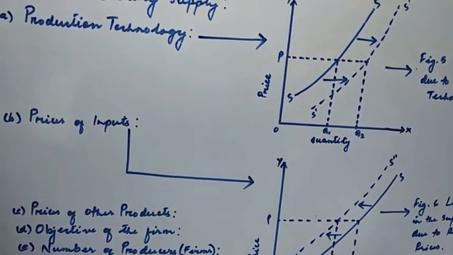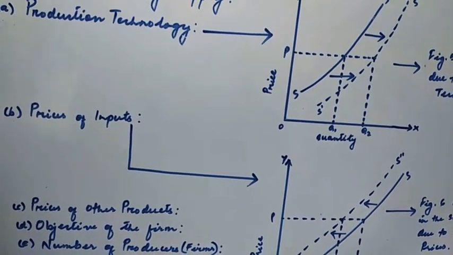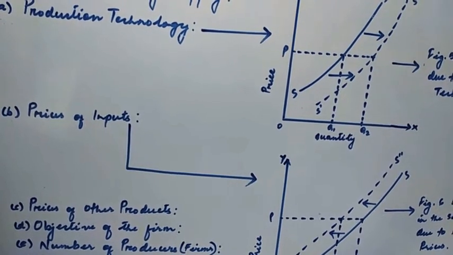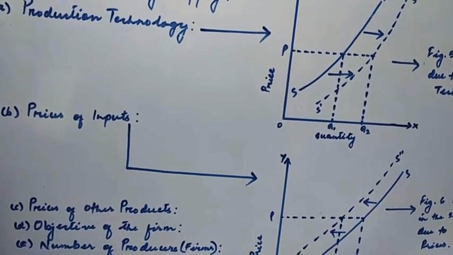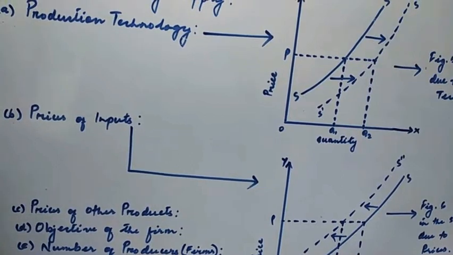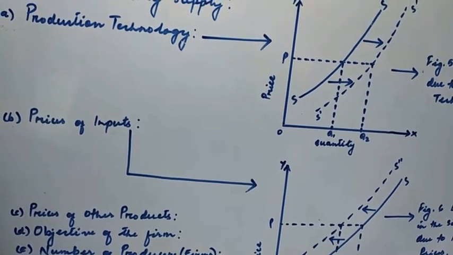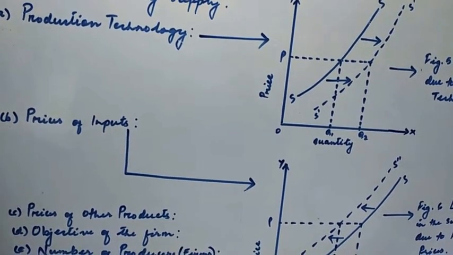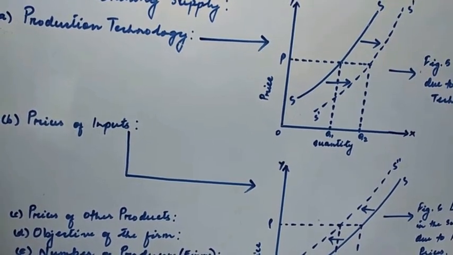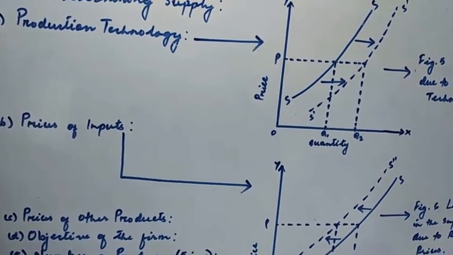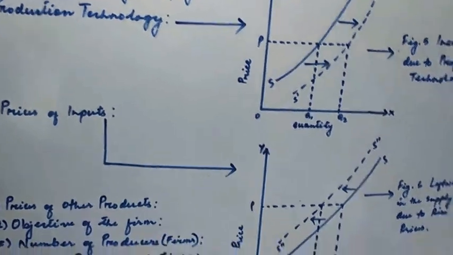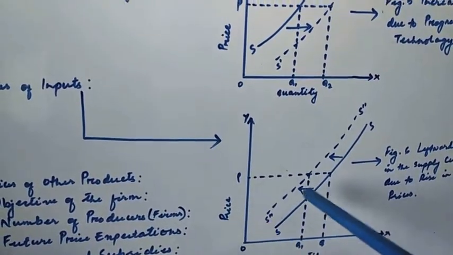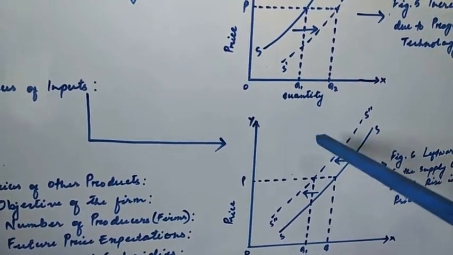So a producer will supply less than before at various prices, implying that the supply curve would shift towards the left.